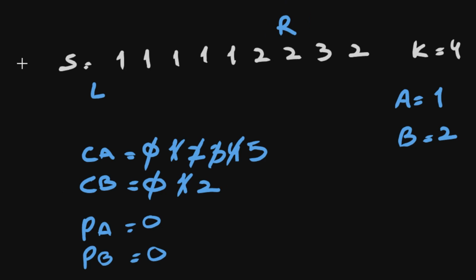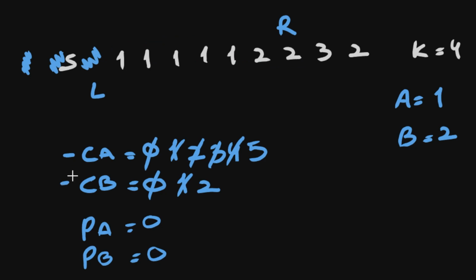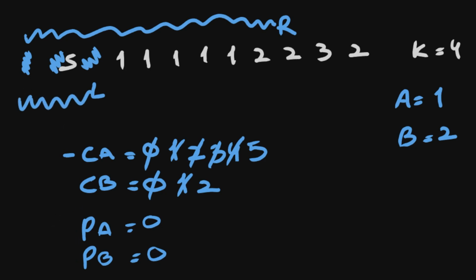So let's say this string starts here, and here we have one number, another number, another number, and the rest of these numbers. If we want to take the result of this part, we can take CA minus CB, which represents all of this, and subtract PA minus PB, which represents all of this.